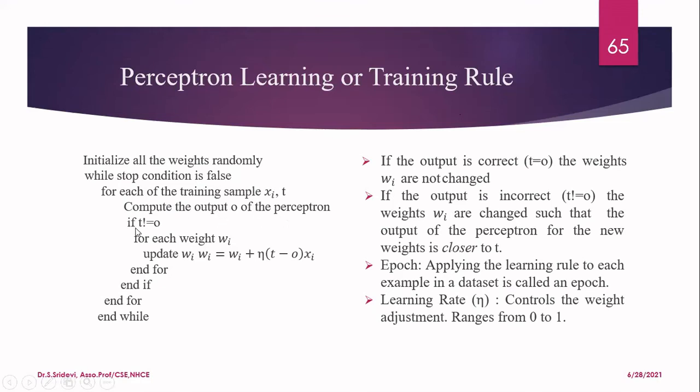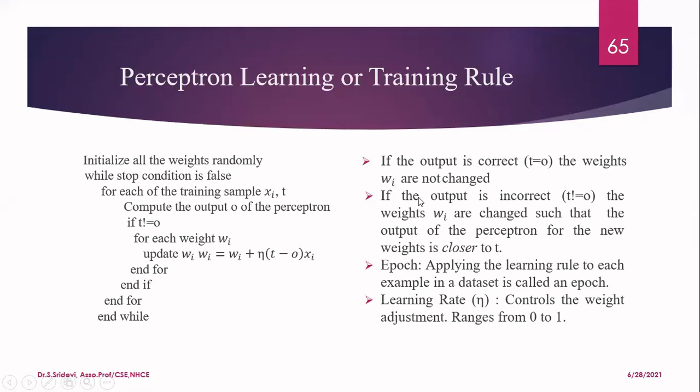Then you will check whether T is not equal to O. That means that the computed value and the expected value are different. In that case, I need to update the weight. It is updated as Wi is equal to Wi plus eta multiplied by (T minus O) into Xi. So these are all the steps you are going to do. And finally, when you reach the stopping condition, you'll stop your algorithm.